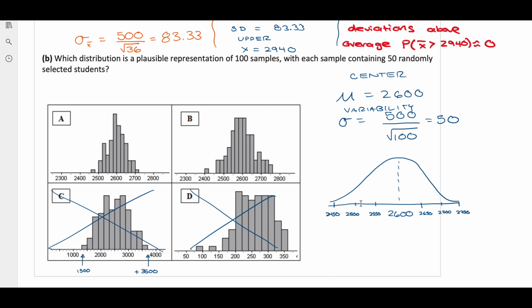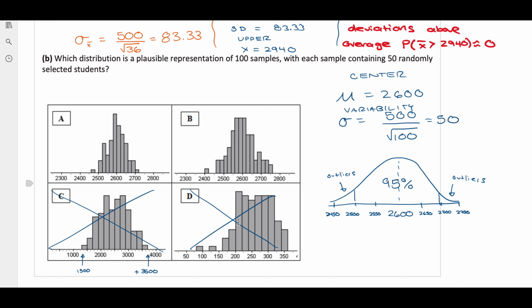And we look at the second standard deviation, 2,500 to 2,700. 95% of the data should be in this chunk right here. Outliers would be in this area out here. A doesn't have any values outside of those values, but on this one, we see that there are a few values outside of 2,450 and 2,750.